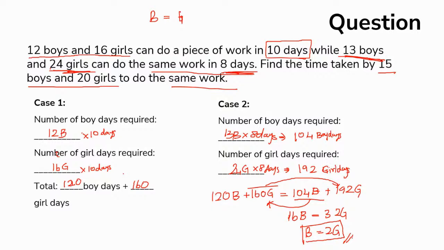As I have mentioned already, we need to know how many boys are equivalent to how many girls. That we just calculated: one boy is equal to two girls. After that, they were asking how much time these 15 boys and 20 girls will take to do the same work.